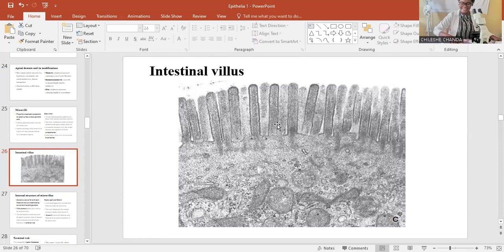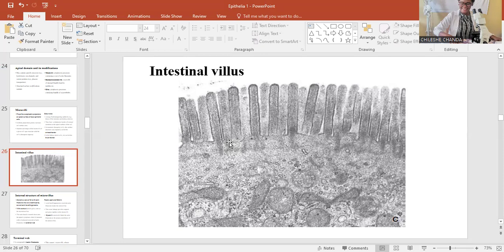When you are talking about villi, first of all, the small intestines are highly folded, but within those folds, you find finger-like projections. Those finger-like projections are known as the villi. Then on top of the villi, you have a layer of simple columnar epithelial tissue, and this tissue has tiny projections on the apical surface of its cells.